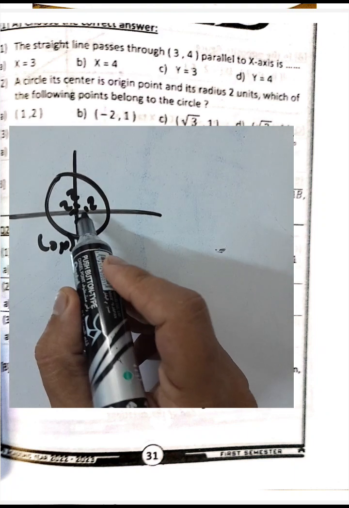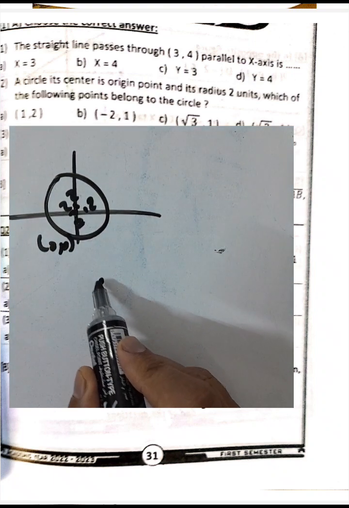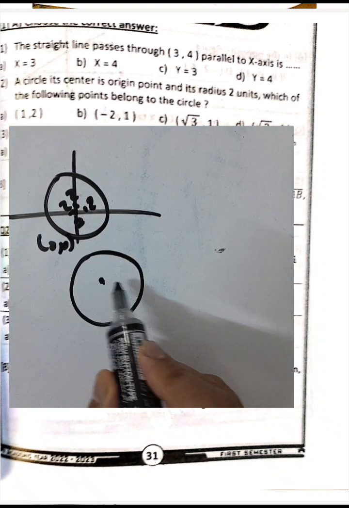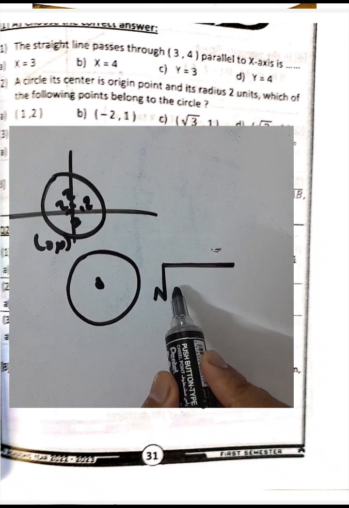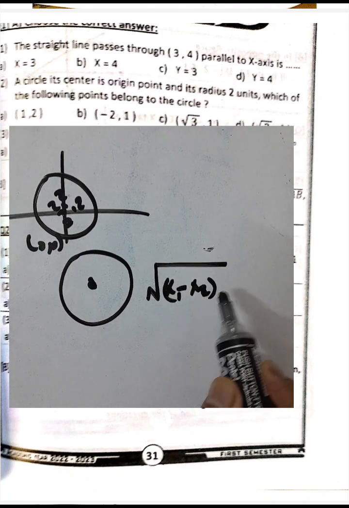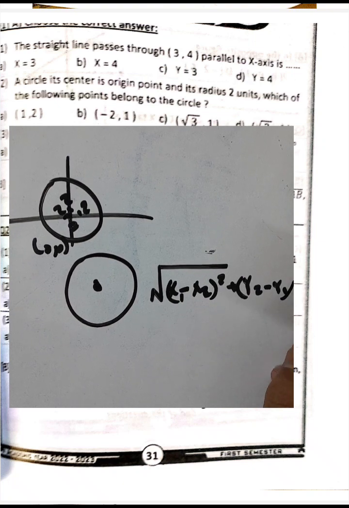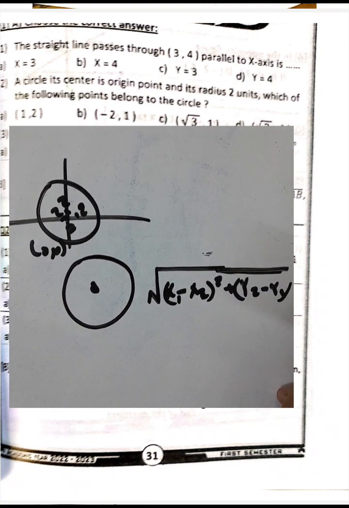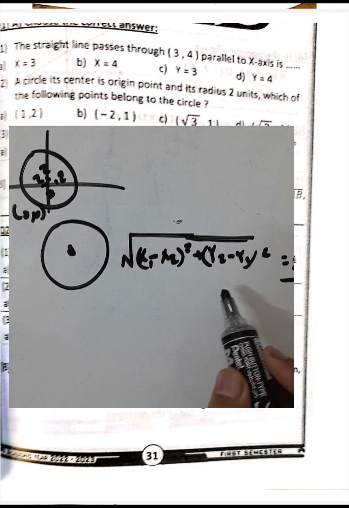We take the center (0, 0), the origin, and find which point lies on the circle. If you find the square root of (x2 minus x1) squared plus (y2 minus y1) squared, and the result equals the radius, then this point lies on the circle.